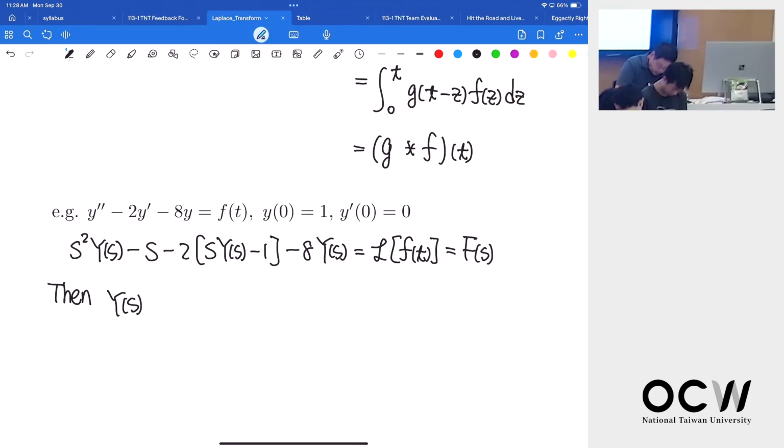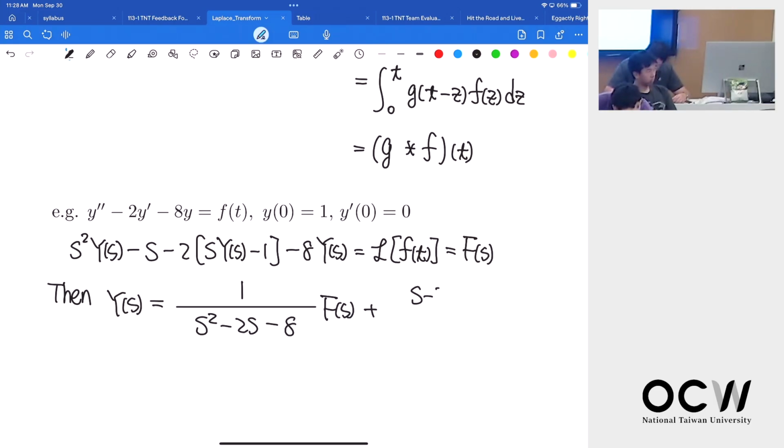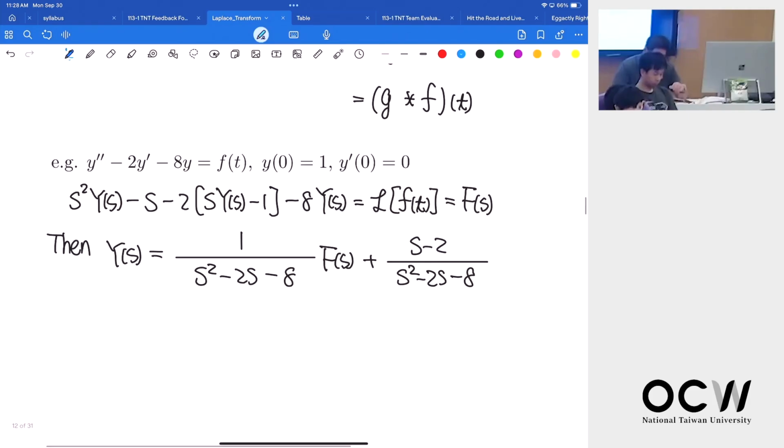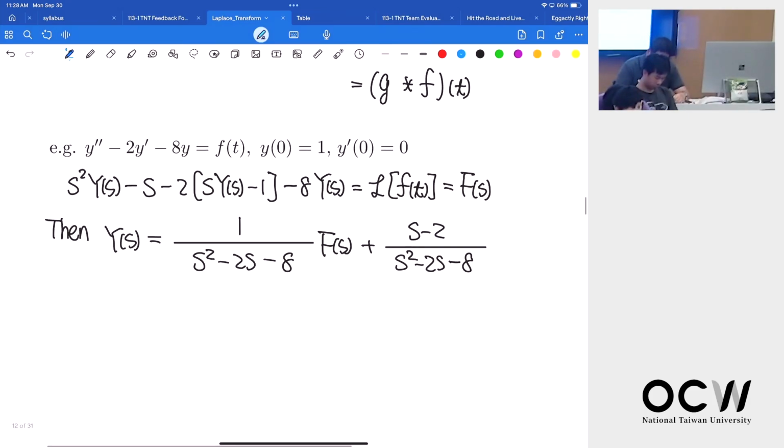So your Y, using the partial fractions decomposition again, you decompose this fraction.